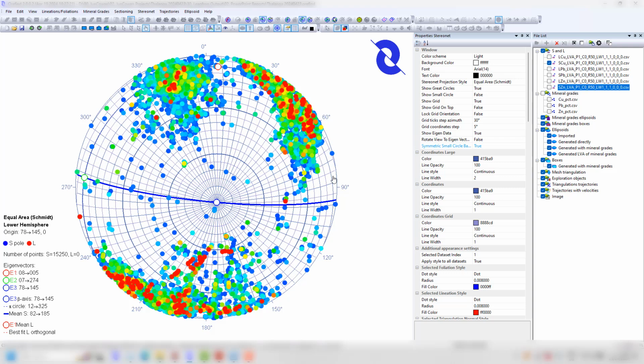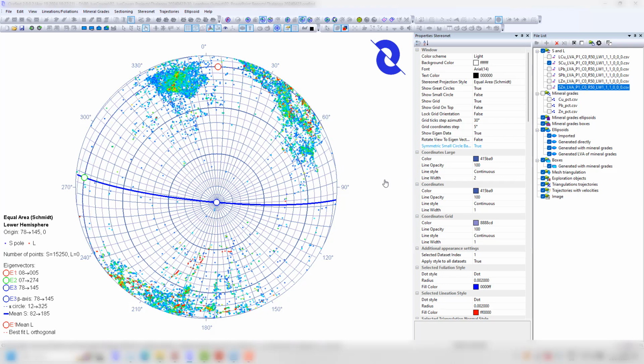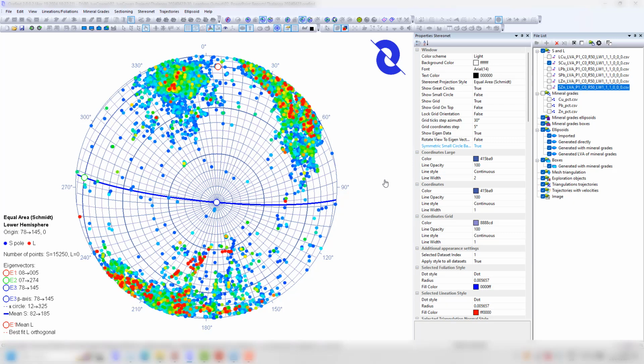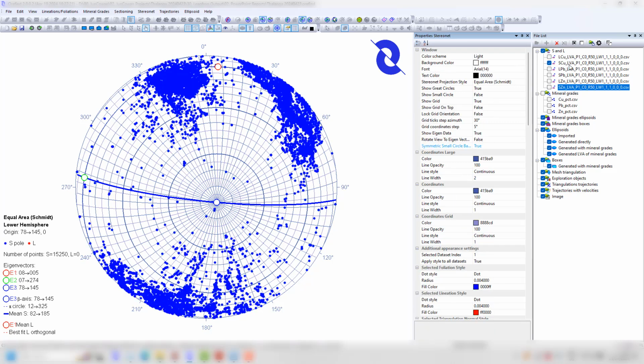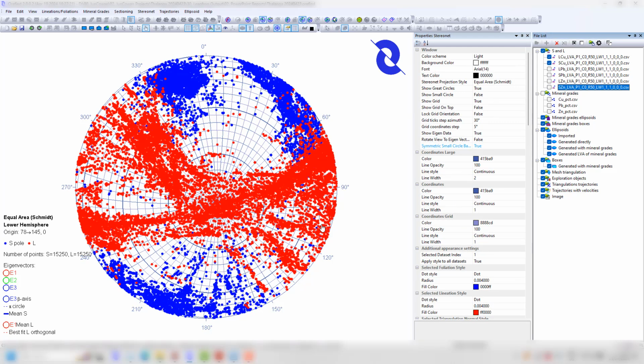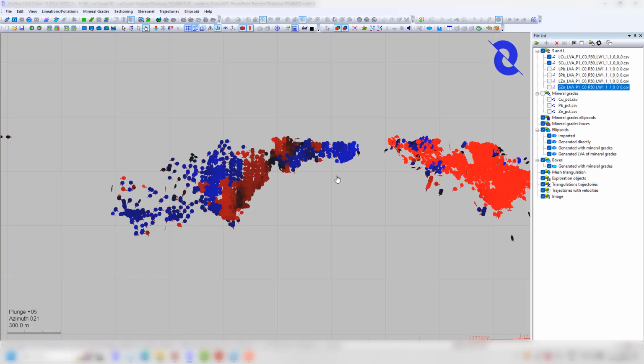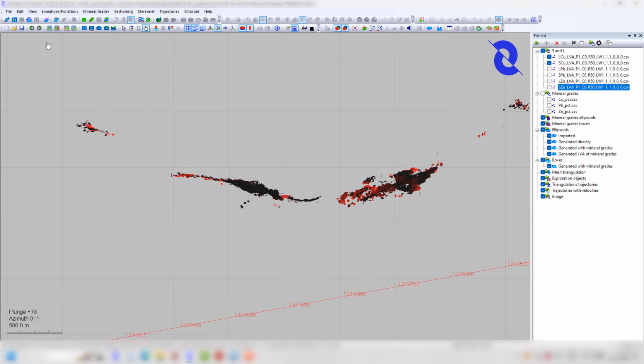So I can plot that, and the lineation is scattered, of course. Now I can go and just select this area on one side, and it'll be clearer.